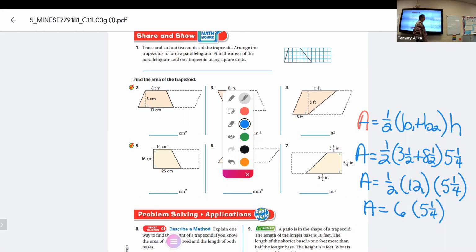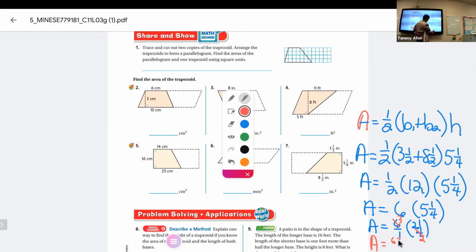Now we need to change that to an improper fraction. What's the improper fraction for 5 1/4? Okay. Can we cancel? Yes, what can we divide by? 2. That gives us 3, and that gives us 2, right? What's 3 times 21? 63.